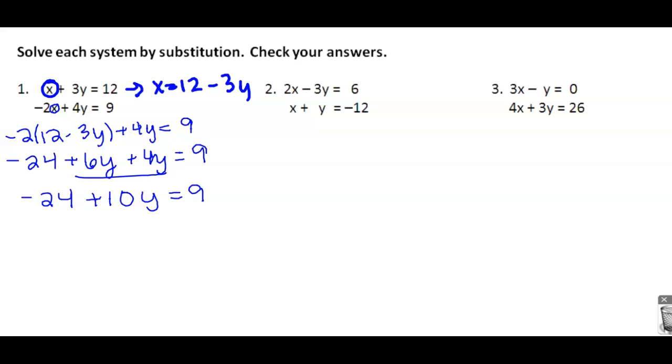Add your 24 to the other side. You get 10y equals 33. So you get y equals 33 tenths.